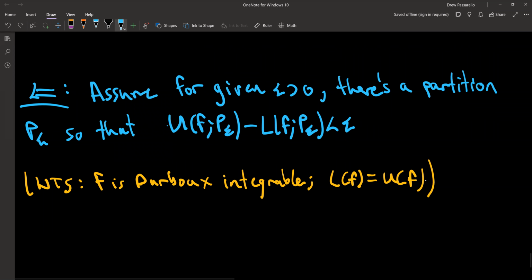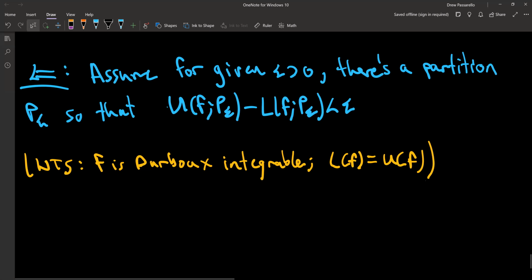All right, so we know U of f is the infimum of the upper sums. L of f is the supremum of the lower sums. So we can say that, let's see, L of f is the supremum.